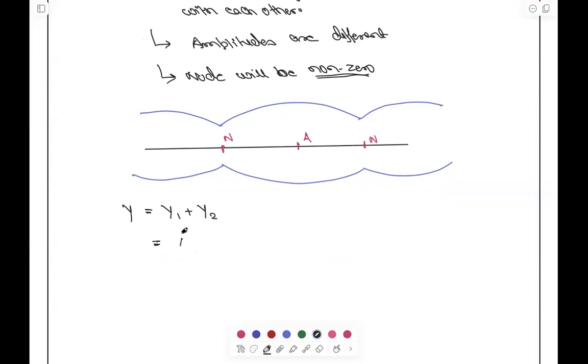So it is a1 sin(omega t minus kx) plus a2 sin(omega t plus kx). Everything is the same, just we have different amplitudes. Solve it.